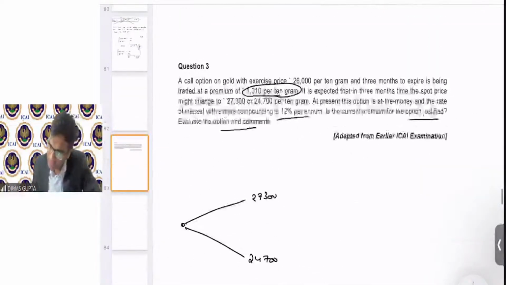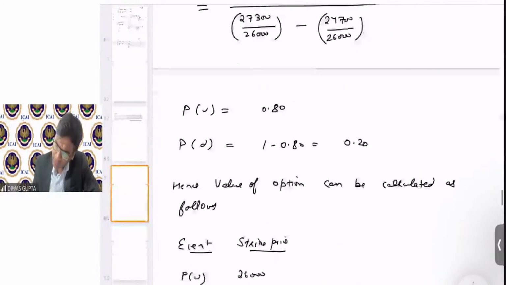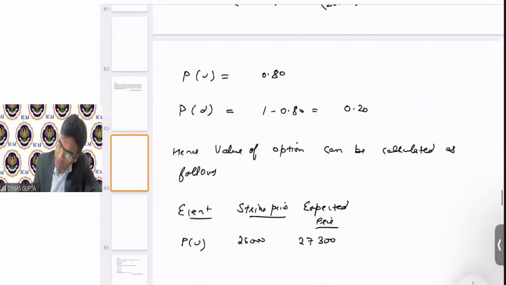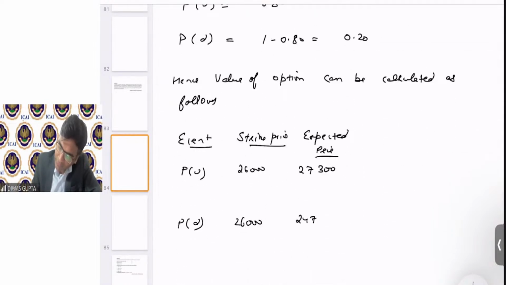What is the strike price? 26,000. Then what is the expected price? In case the price goes up, 27,300. In case the price goes down, 24,700. So the payoffs will be 1,300 and 0. Correct?